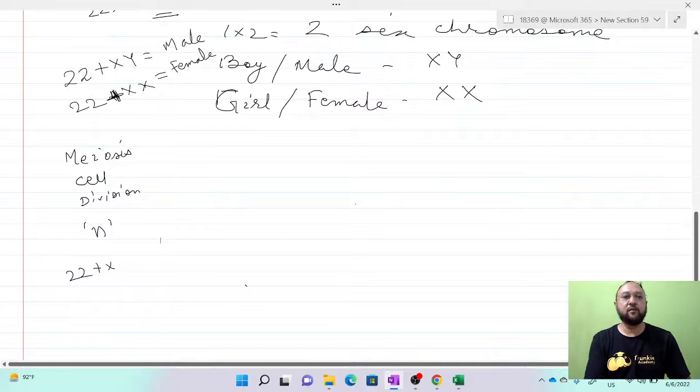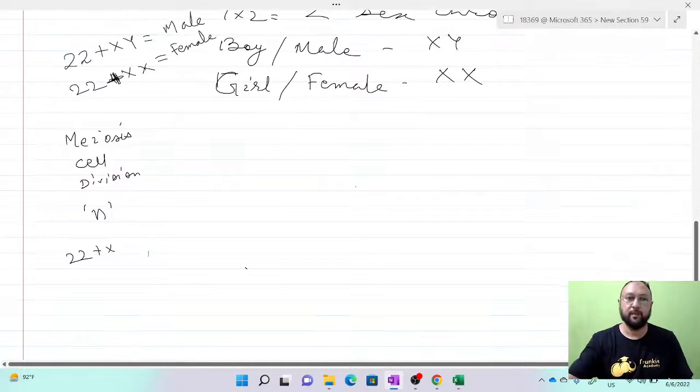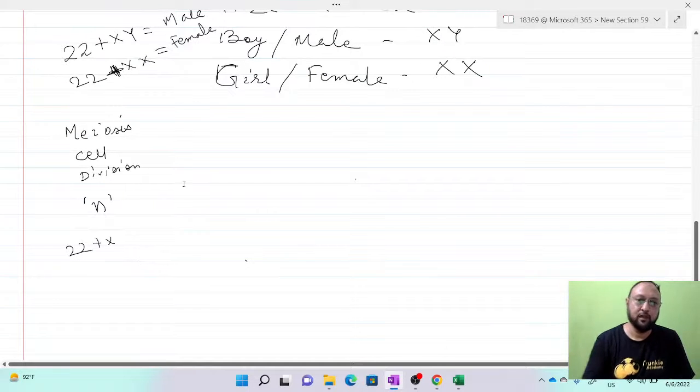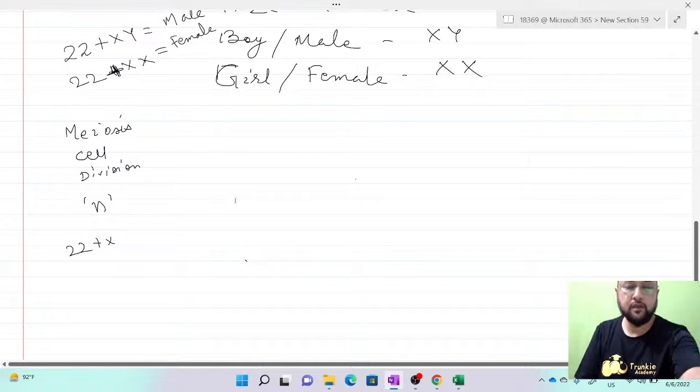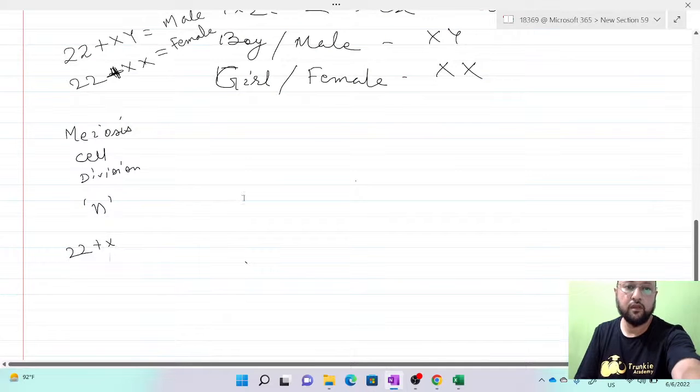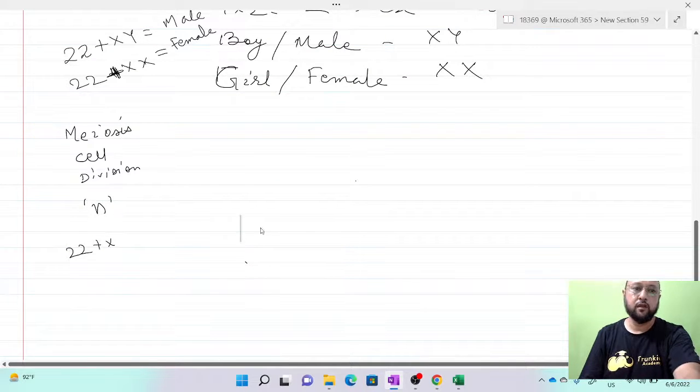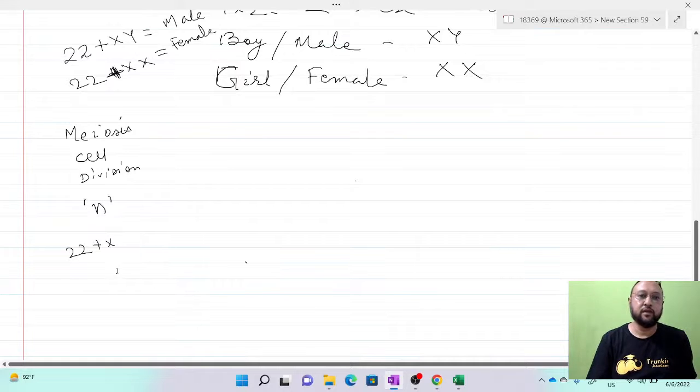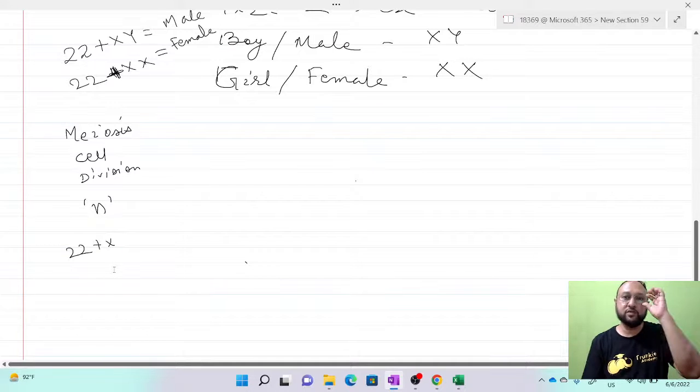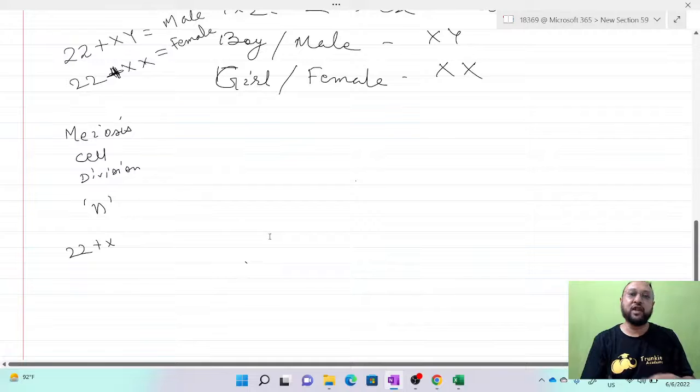And in case of the male, it will be 22 plus Y chromosome. And that means the Y chromosome is going to fertilize with the X.